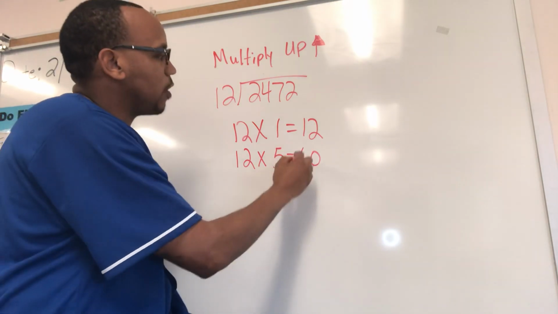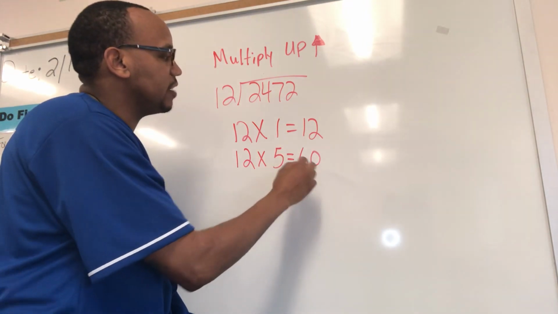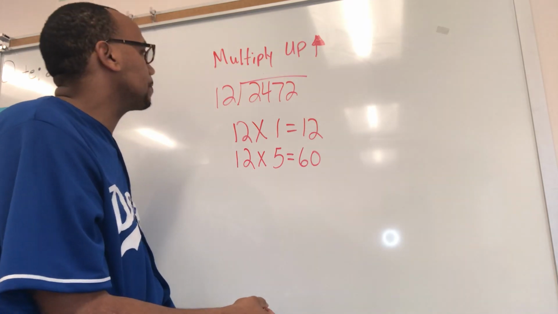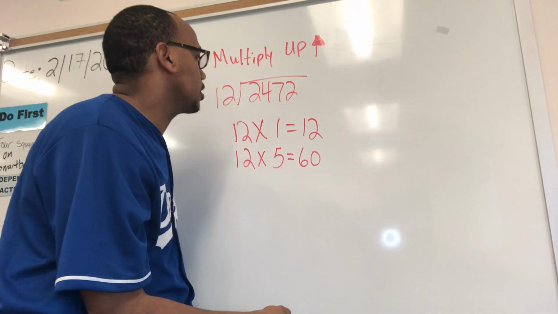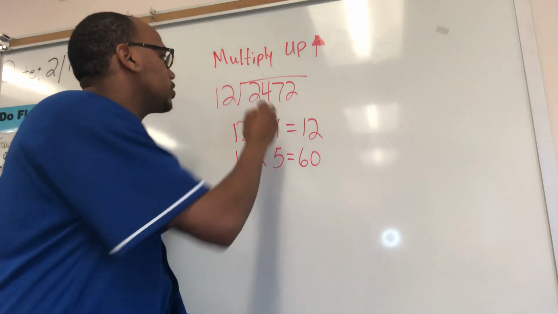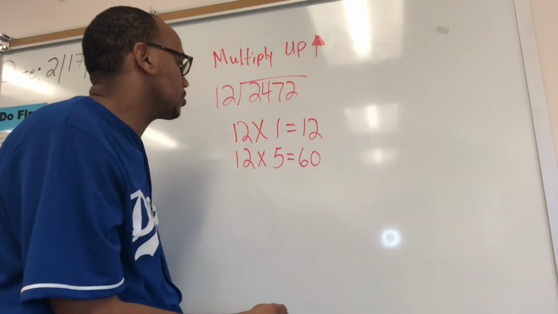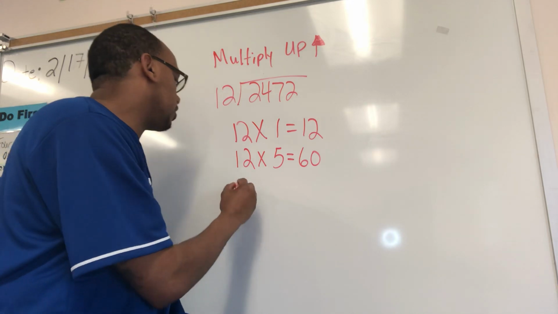So far, if I combine these numbers together, that's 72. Then I need to get to 2,400. That's 24 with 2 zeros. Well, I don't know that yet.